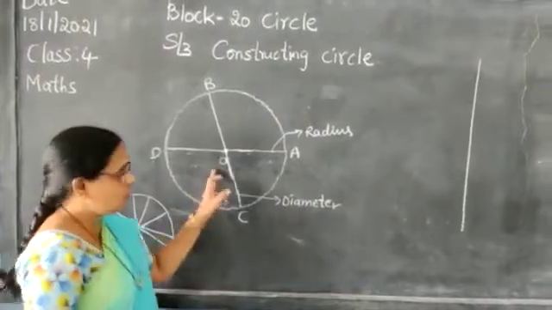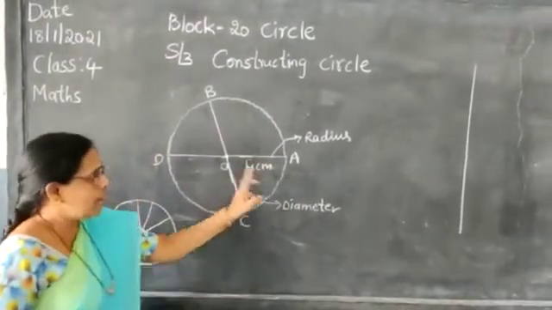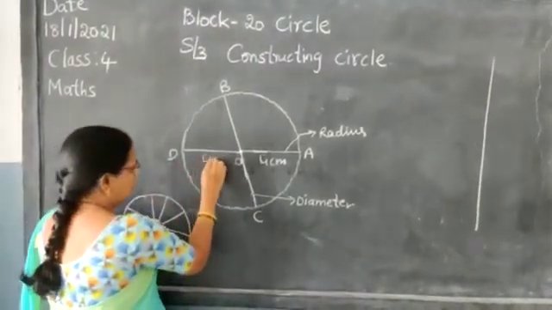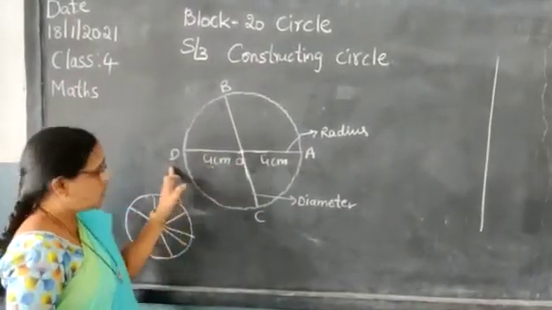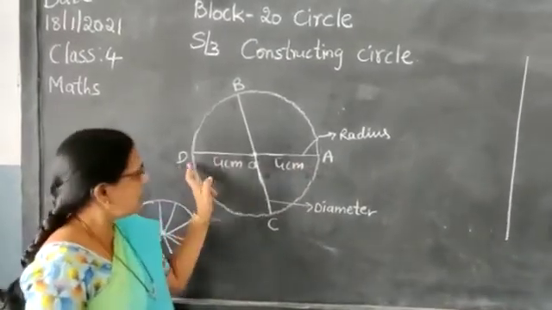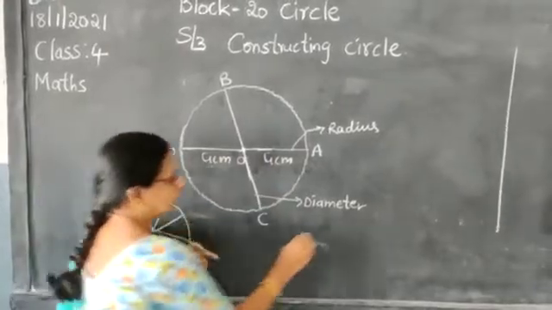Now suppose I take OA as 4 centimeter. OA is 4 centimeter, which means how much is OD, children? OD is also 4 centimeter. Then how much is DA, children? DA is 8 centimeter.